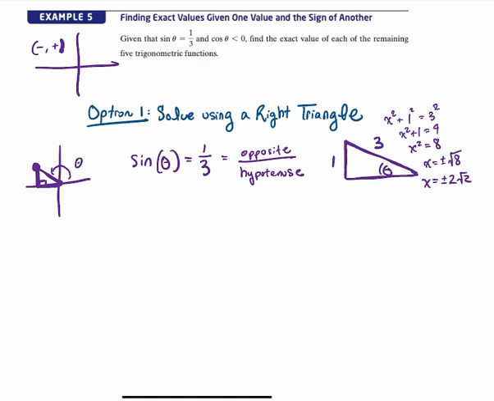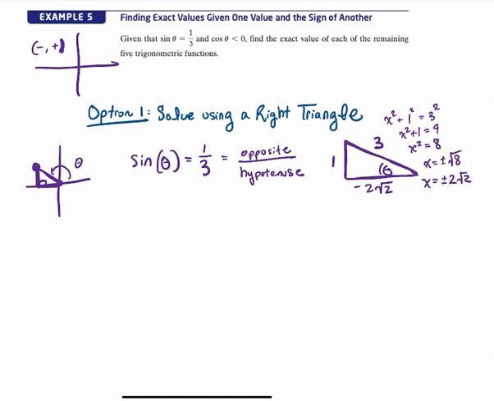But since we're in the context of being in a certain quadrant where sine values and cosine values will be positive or negative, it's useful to describe this as a side length of negative 2 root 2. That way we'll get the accurate cosine positive or negative value. And with that, all of the rest of the trig functions will get the correct positive or negative value.